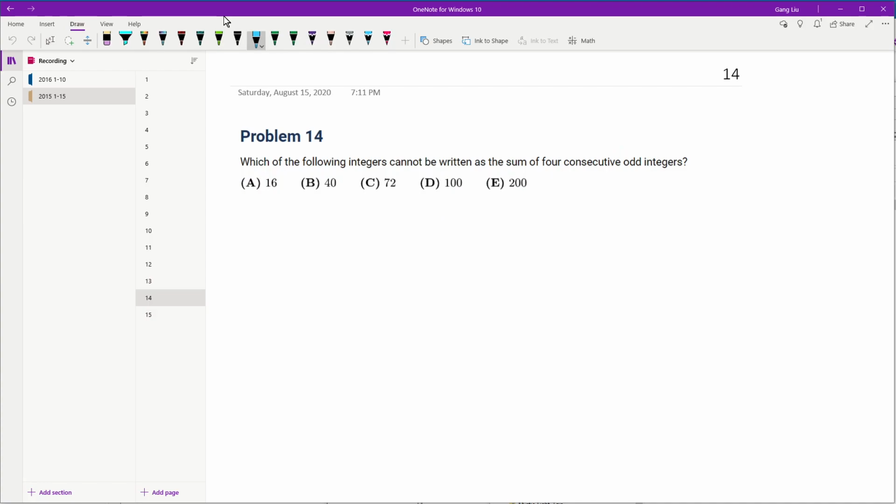Problem 14. Which of the following integers cannot be written as the sum of 4 consecutive odd integers? So let's try to investigate consecutive odd integers like 1, 3, 5, and 7. The average will be 4.